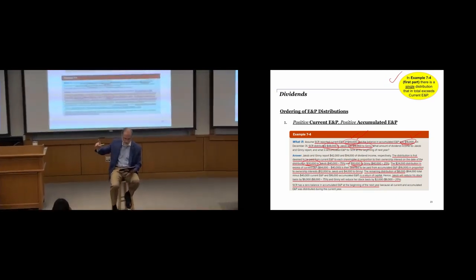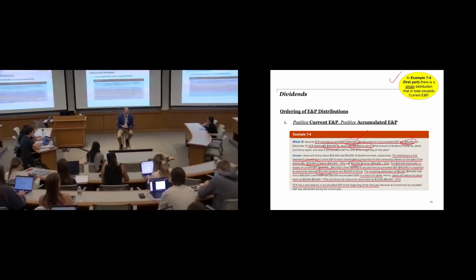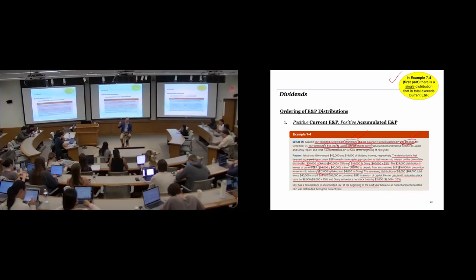That comes from accumulated E&P in that same proportionate ownership interest. So 12,000 to Jacob, that's 75% of the 24, should be. And 4,000 is 25% of the, let me see if I got that right. The 24 distribution in excess of current E&P is paid from accumulated E&P, which, sorry, is only 16,000.